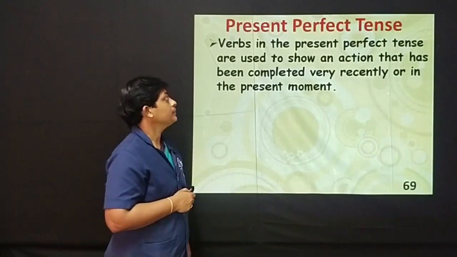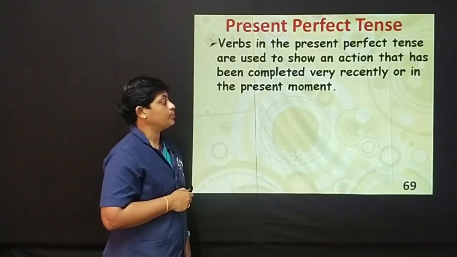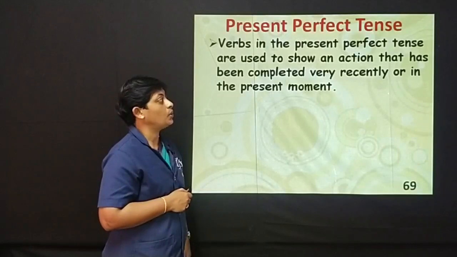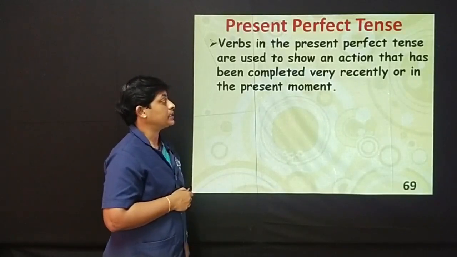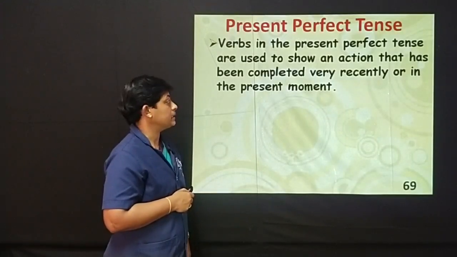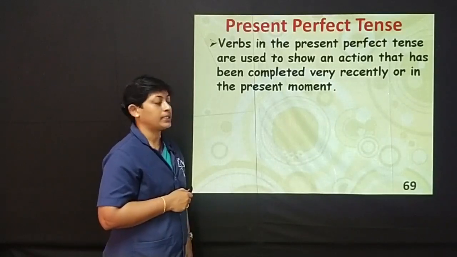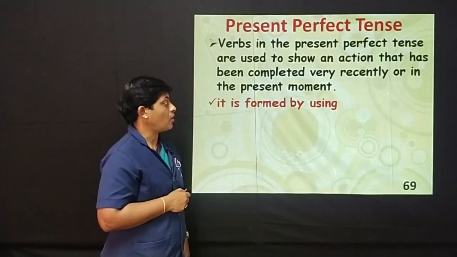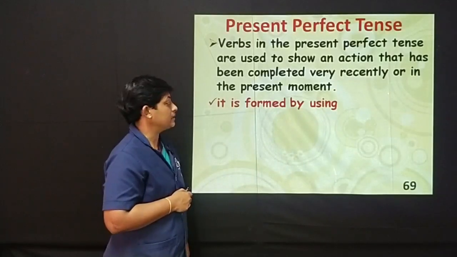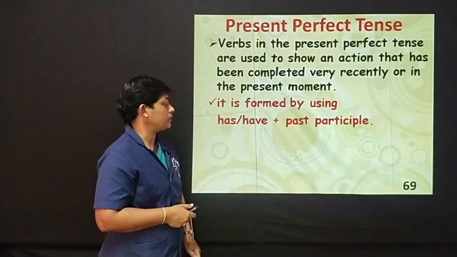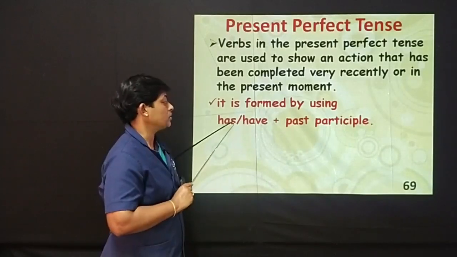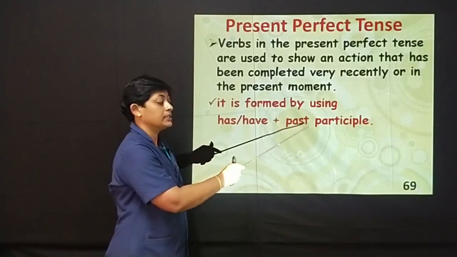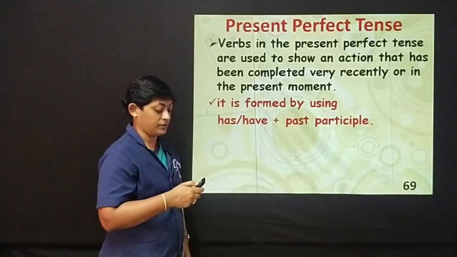Present perfect tense. Verbs in the present perfect tense are used to show an action that has been completed very recently or in the present moment. How do you form the present perfect tense? It is formed by making use of has or have plus the past participle form of the verb.